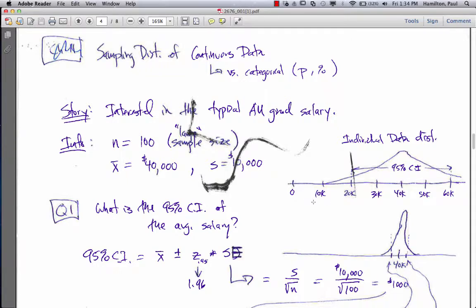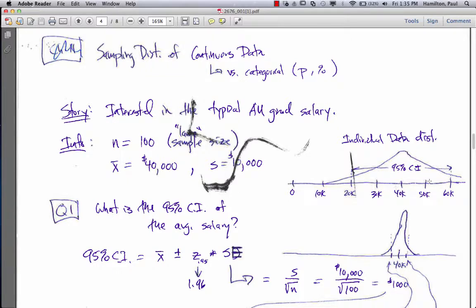When we sample this, though, if we're looking at 100 at a time, we're going to find a much tighter distribution. If we ask 100 college graduates what their salary is, we're not going to find an average of $60,000 or 70,000 or 5,000, hopefully not anyway, if the true average is around 40,000.